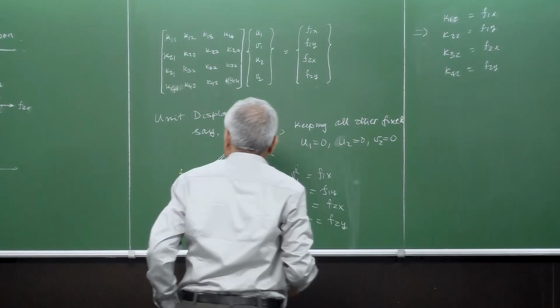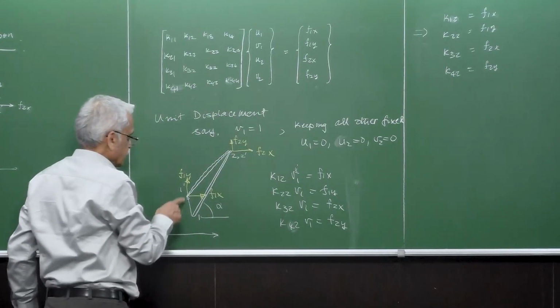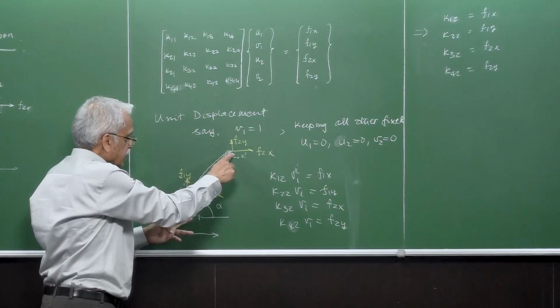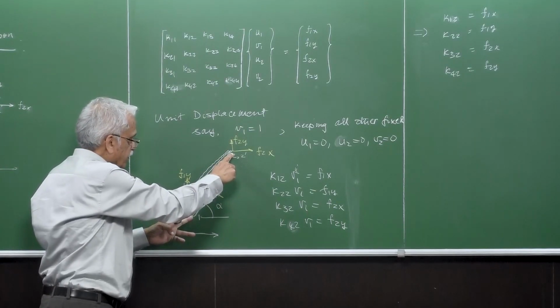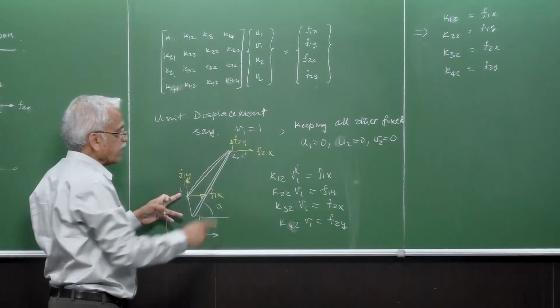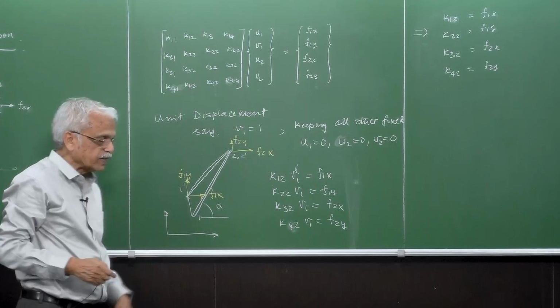If you have a unit displacement like this, you can see that the original length of the member 1, 2 has now shortened to 1 prime, 2 prime. So what is the shortening here?